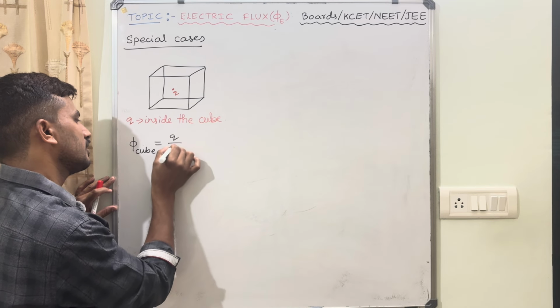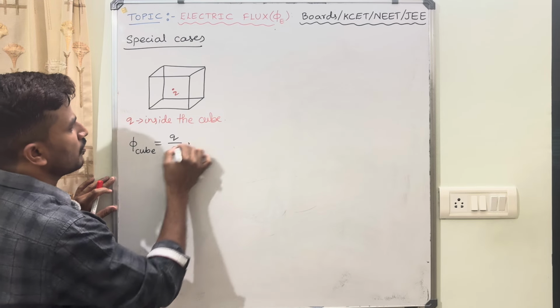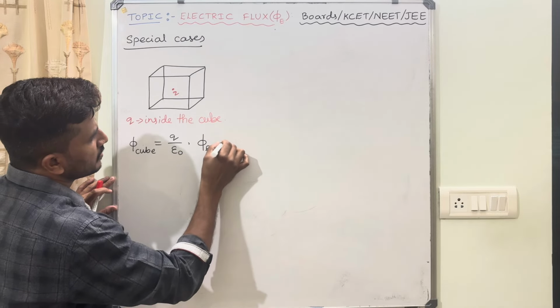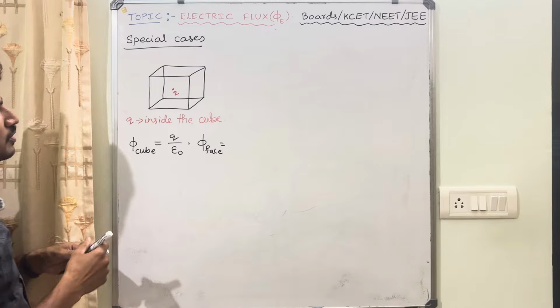Q by epsilon naught. Now answer me, what is the flux through each face? I want the flux through any one of the faces.